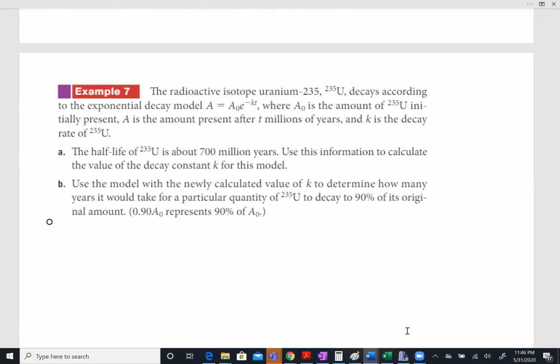The radioactive isotope uranium-235 decays according to the exponential decay model A equals A0 e to the power negative kt, where A0 is the amount of uranium-235 initially present. So A0 is the amount initially present.